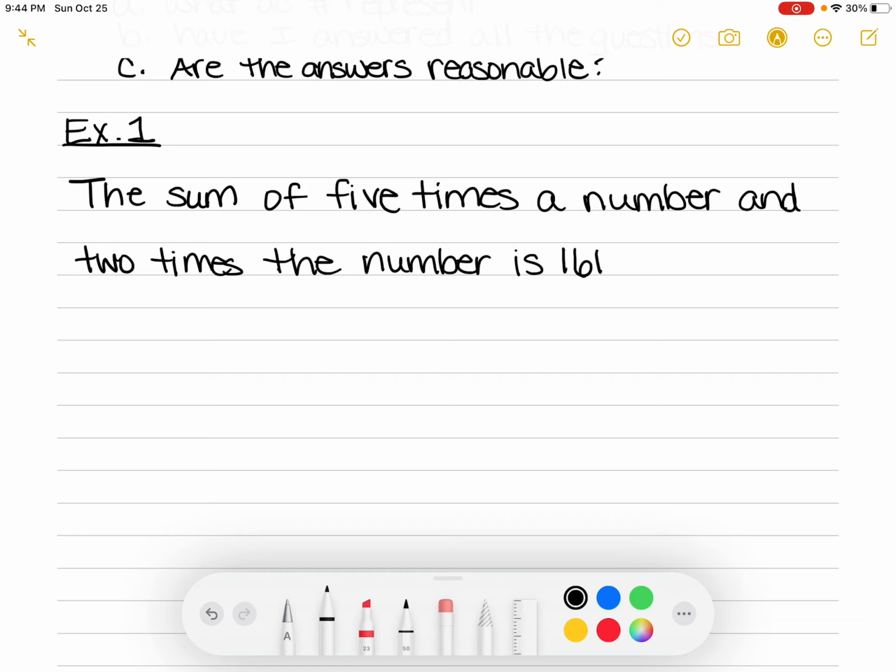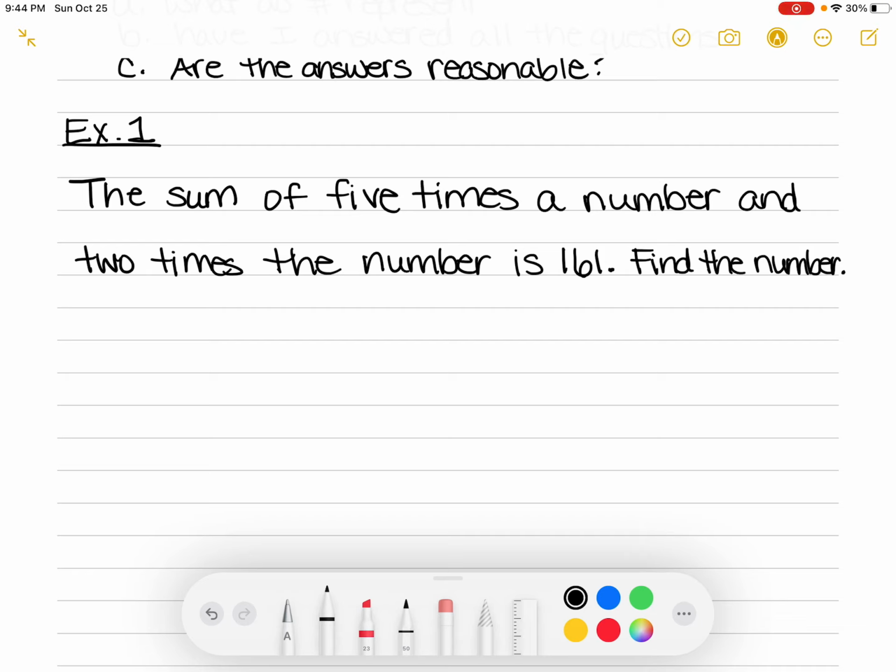Find the number. I'm going to write it where I have space above it to write above it. Remember, you need to be taking notes with me, and make sure that you have it all written down on your paper. Before, when we were doing some word problems, I would say you don't have to actually find the number. Well, today you do have to find the number because we have learned how to solve the problem.